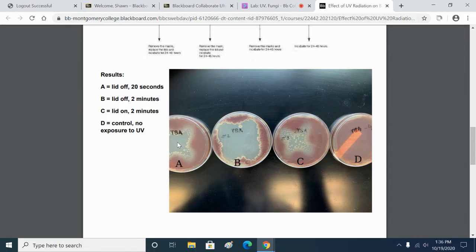UV causes mutations to occur. Polystyrene plastic is not good enough to protect against UV, but paper is. We wear clothes which block the UV, but you can't wear that over your eyes. So you can use polycarbonate plastic instead, and that blocks UV.